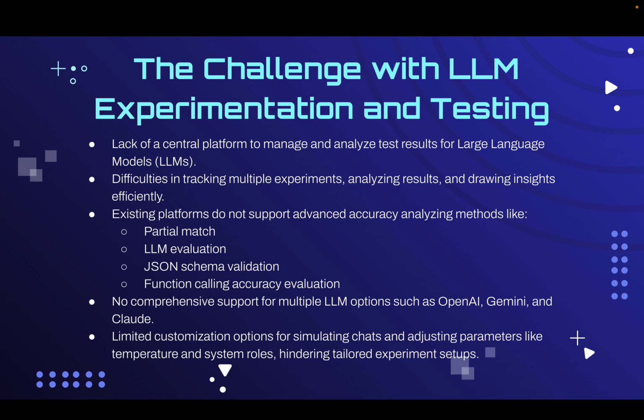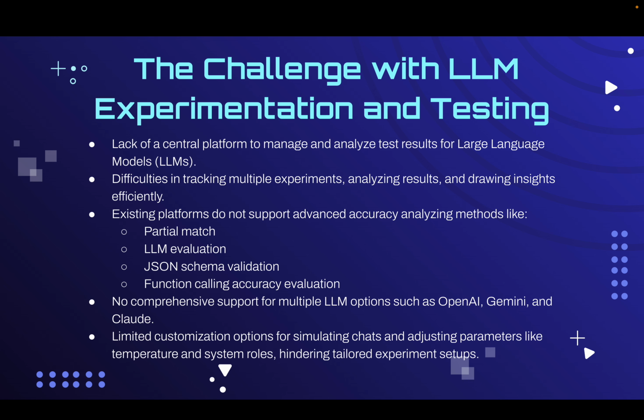We might want another LLM to evaluate the response. We might also want to do JSON schema response validation, whether the JSON schema is valid or not. We want to evaluate function calling, which is similar to the JSON schema, but could be implemented in different ways.